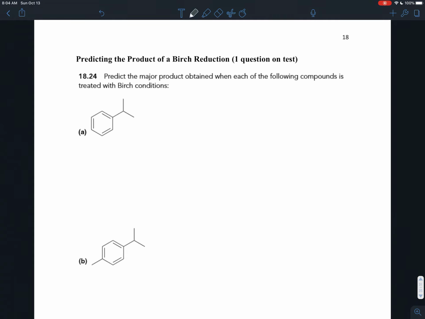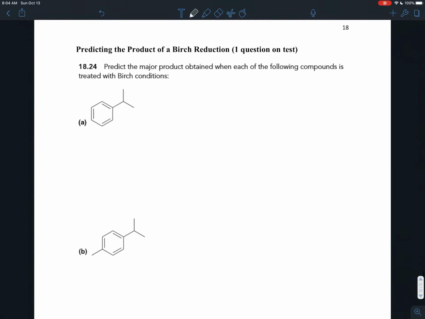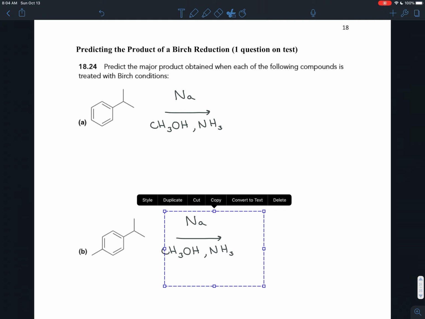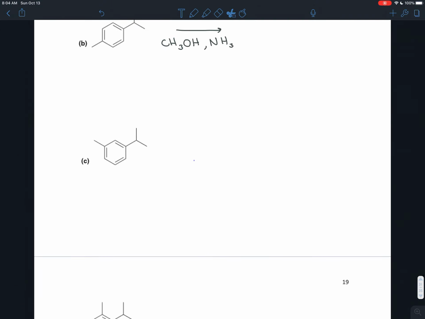They're asking you to predict the major product obtained when each of the following compounds is treated with Birch conditions. So that means we're treating them with sodium in methanol and ammonia. Sodium's there to create the radicals, methanol's there to add the hydrogen, and ammonia activates the sodium.